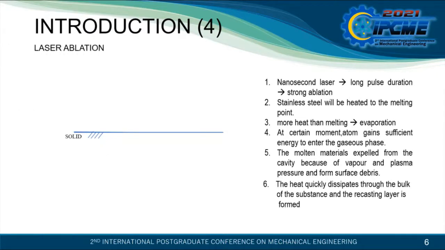This laser texture process is using a laser ablation method. In a pulse laser ablation process, stainless steel melts to a temperature where the atoms gain sufficient energy to enter the gaseous phase.